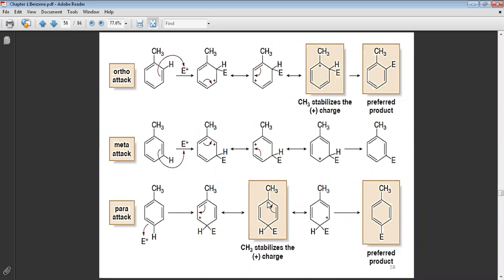Now the positive charge is directly on the methyl-bearing carbon. We have an additional resonance structure. The pi bond will open to make a double bond here, and the positive charge comes to here. That means we have 1, 2, 3 resonance structures.